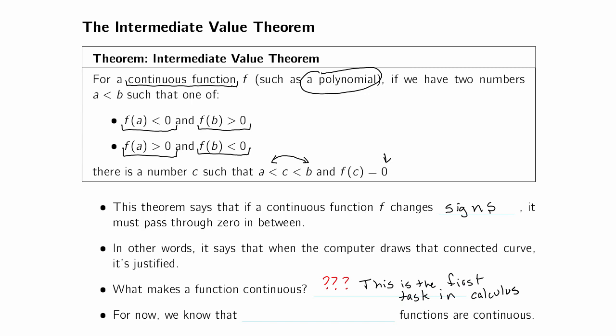When you take calculus, you'll meet this theorem again, and at the time it might feel like it's not really saying anything, because at that point you'll have spent a lot of time looking at these computer-generated graphs of connected curves, and you'll say, well, of course, that graph crosses the x-axis.